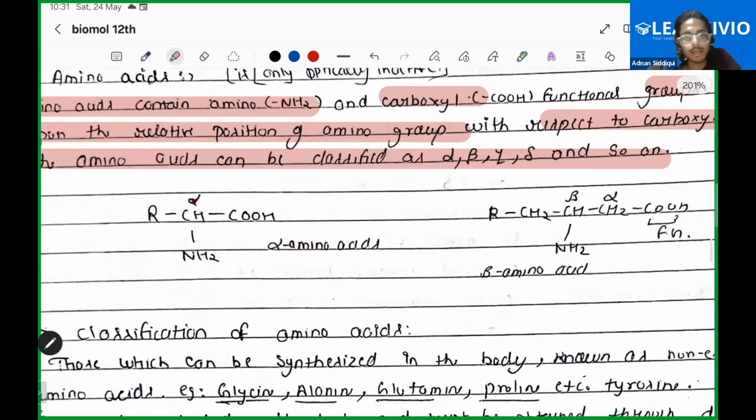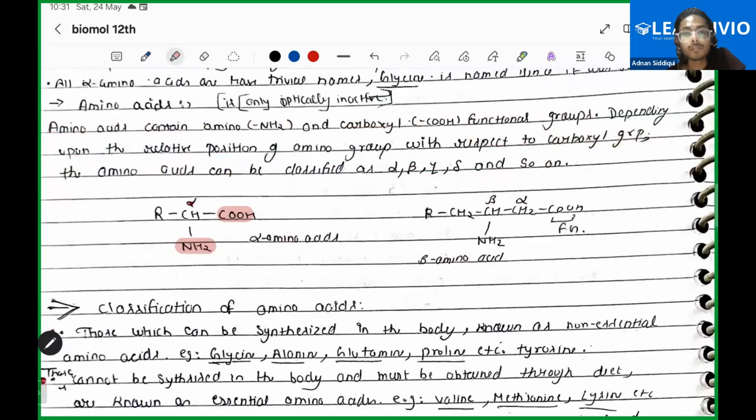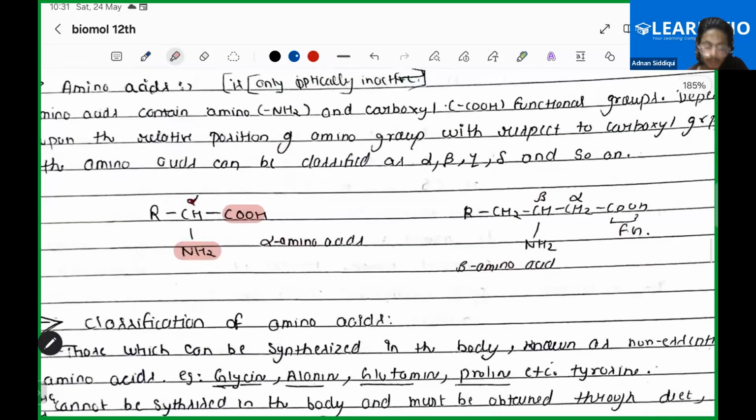First of all, amino acids have amino group, NH2 group, as well as carboxylic group. If a compound has this amino and carboxylic group, we will call it amino acids, right? Now the question is, which one is alpha amino acid and which one is beta amino acid? If this carboxylic group, so try to understand.